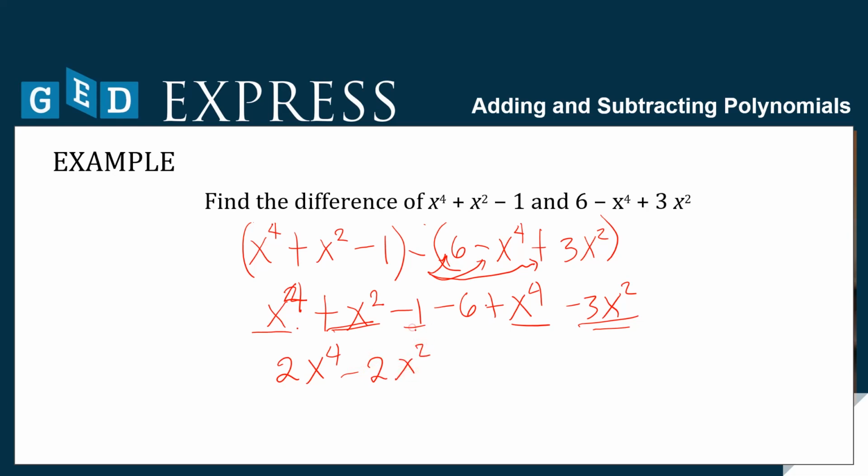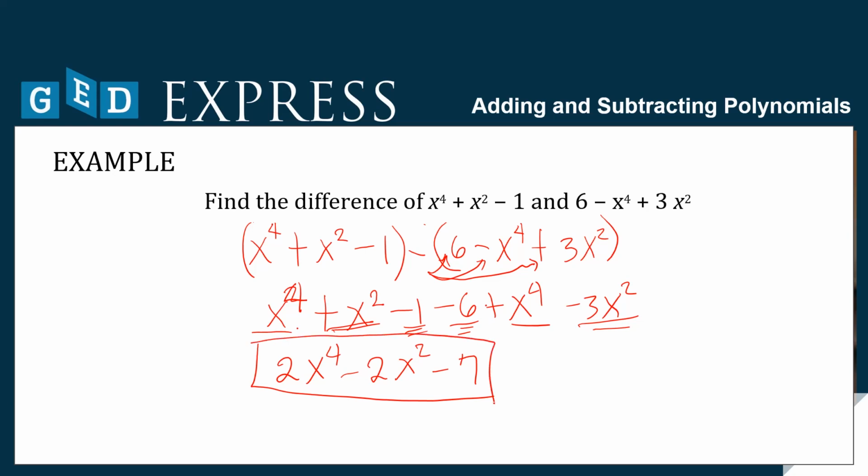Then minus 1 and minus 6, we have minus 7 based on the integers rule. Now, do we still have some terms that are the same? Nope. So this is already the difference, the answer.